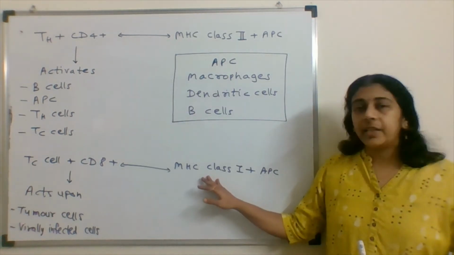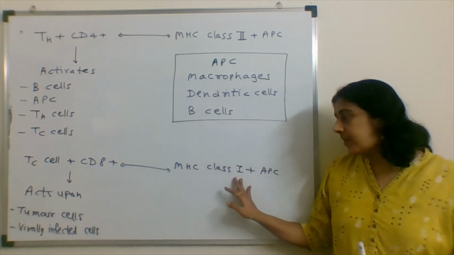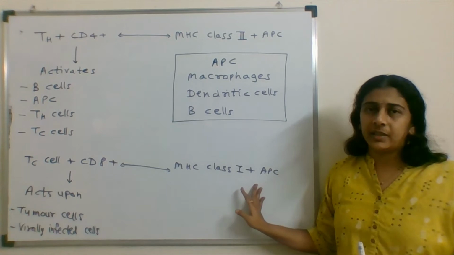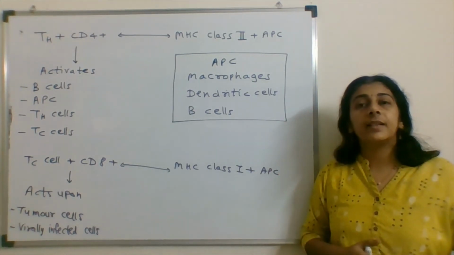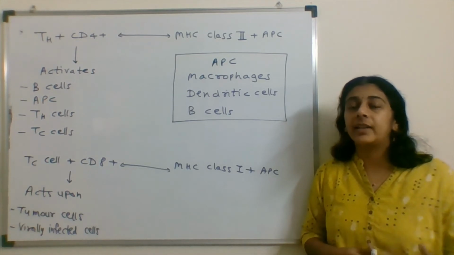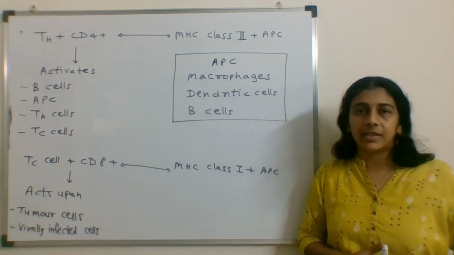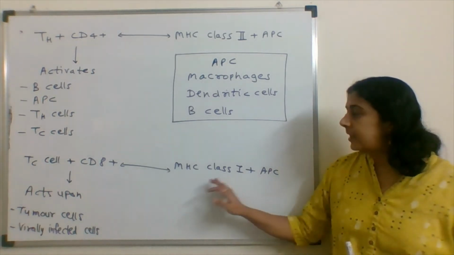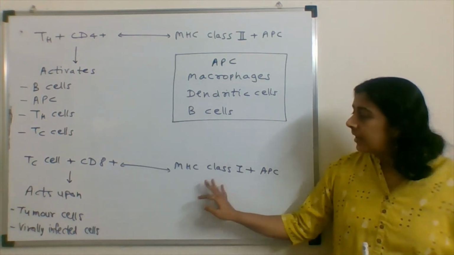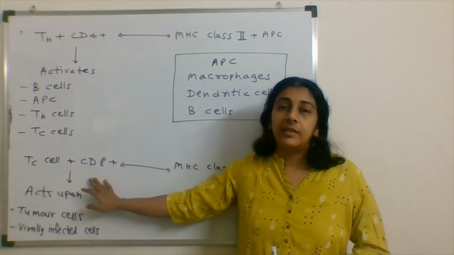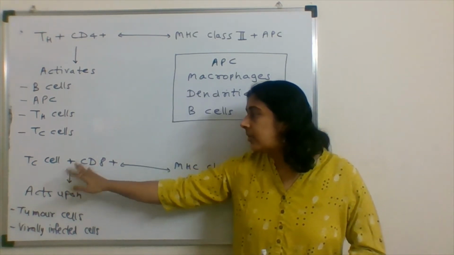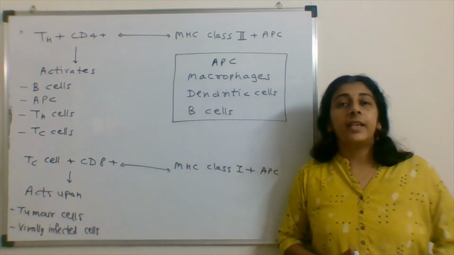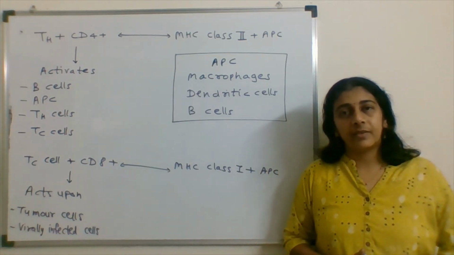Now if antigen is presented on MHC class 1 on any nucleated cell, it may be a virally infected cell or a tumor cell. This presents antigen on MHC class 1 and now this gets recognized by the T cytotoxic cells. T cytotoxic cells have CD8 molecules on their surfaces.